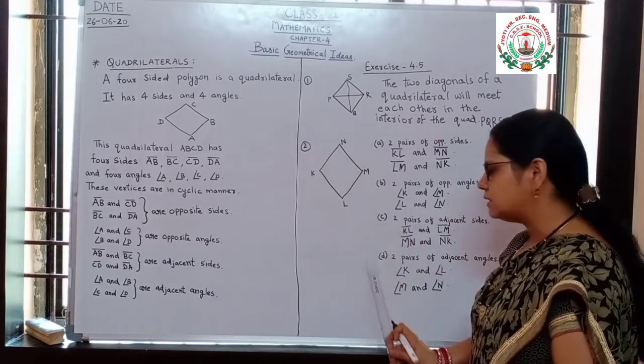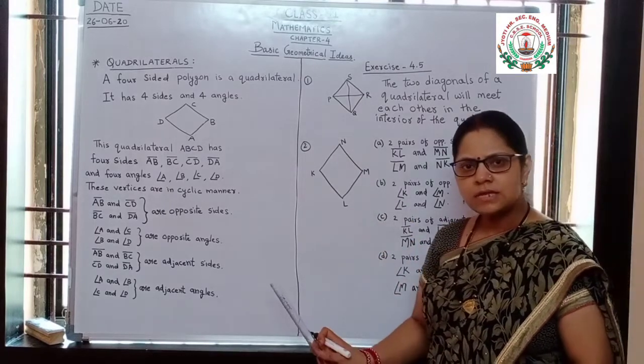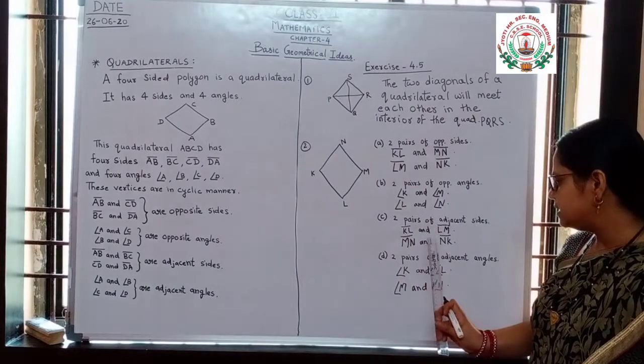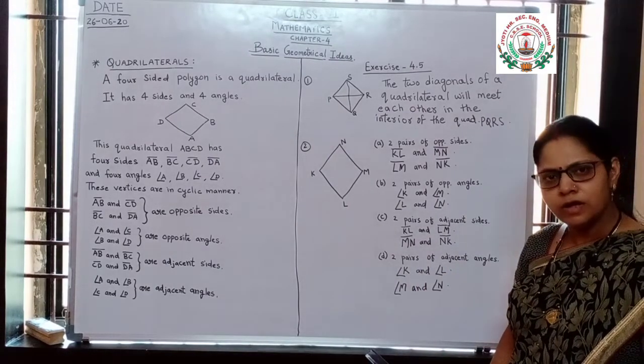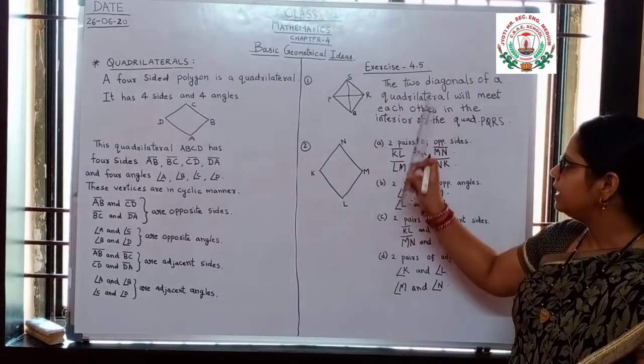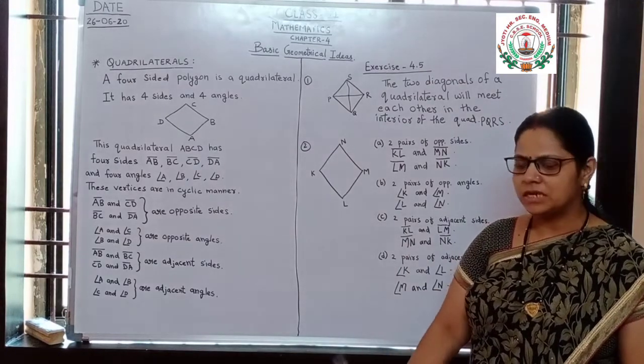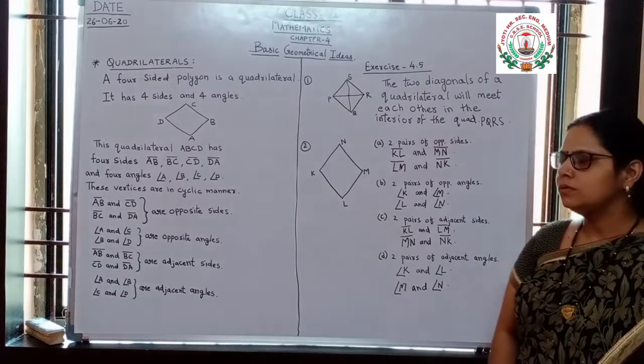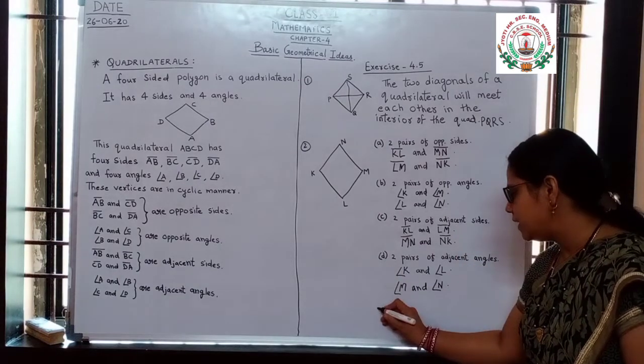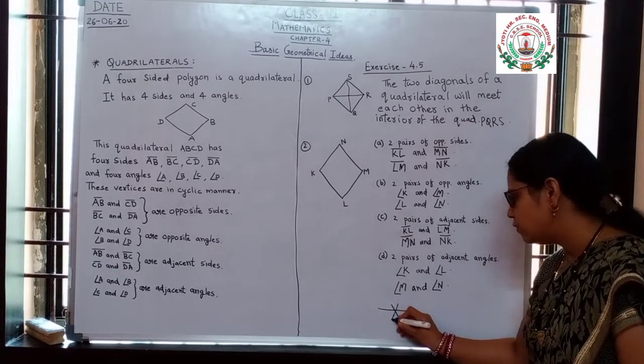All the opposite sides, angles, adjacent sides, adjacent angles, all completed. So this completes 4.5. Third question, an investigate question is given. No need to write that. So here it completes exercise 4.5.